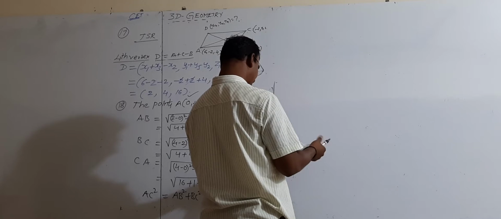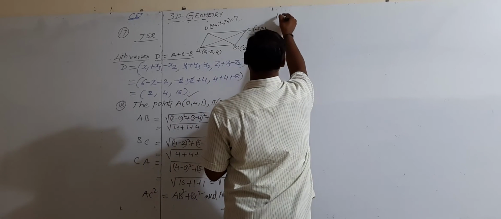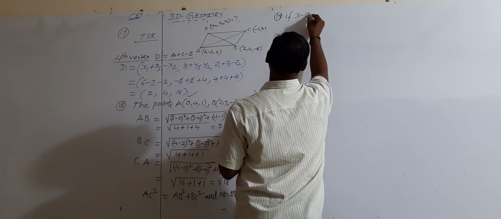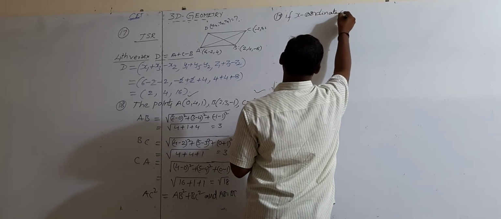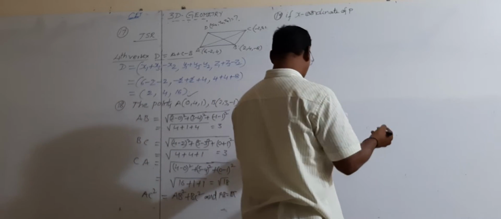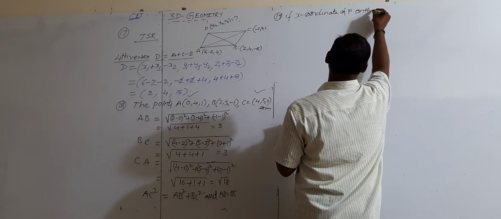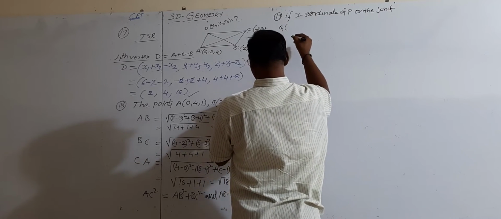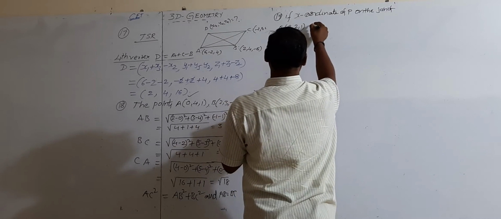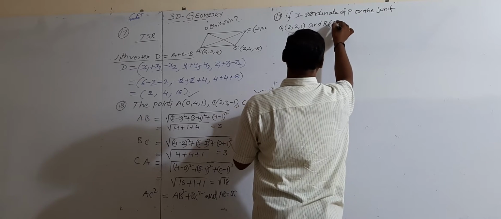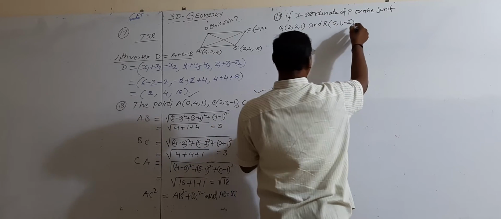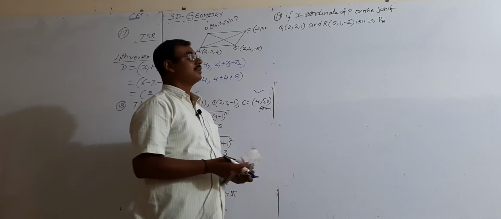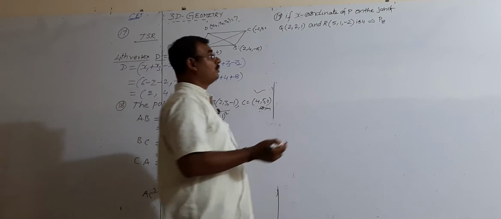If the x coordinate of P on the join of Q and R, where Q is 2, 2, 1 and R is 5, 1, minus 2, is 4, then what is the Z coordinate? Find the Z coordinate of P.